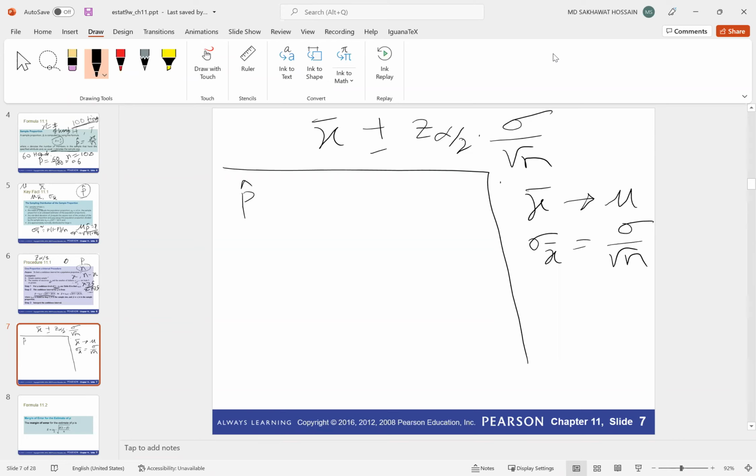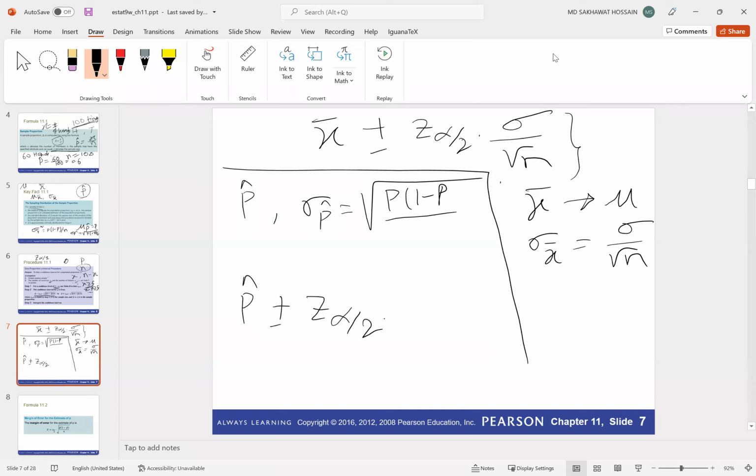So instead of x bar, we use p hat plus or minus Z alpha over 2, the same, times the standard deviation of p hat, which is the square root of p times 1 minus p over n.